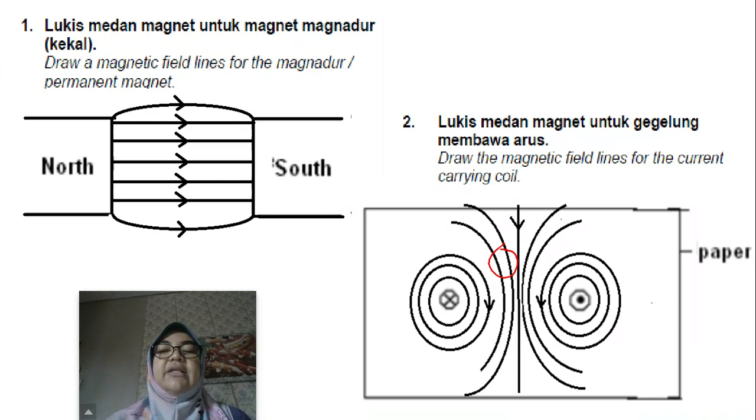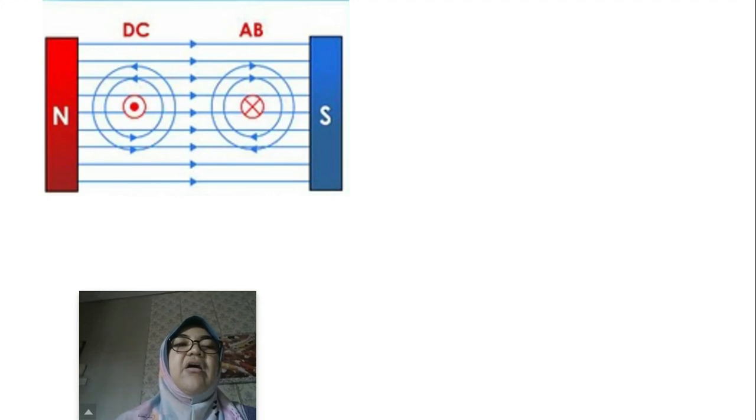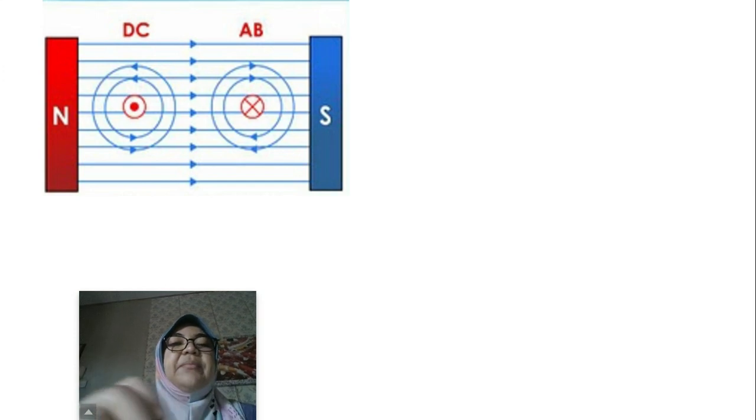And as for the dot sign, the current is going up, so our thumb points upward. Okay, so this is the combination of a current carrying conductor in a permanent magnet.